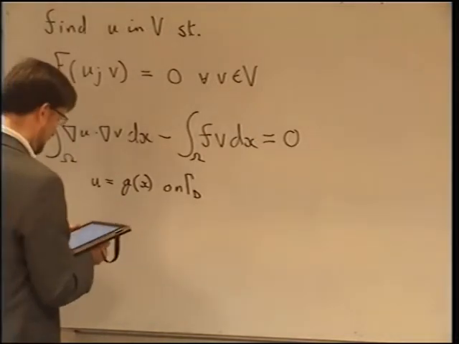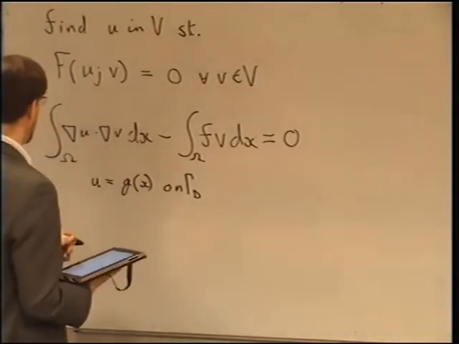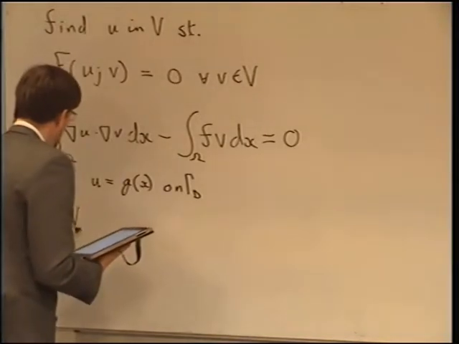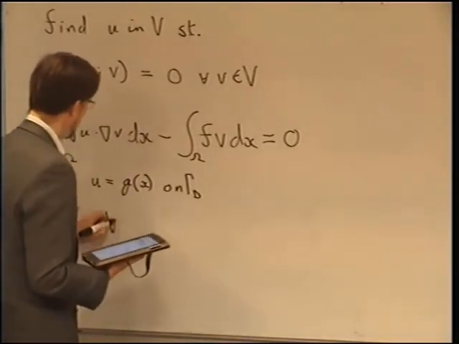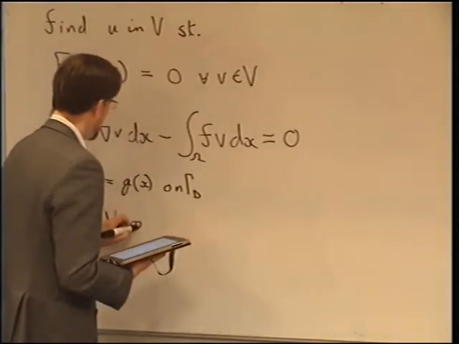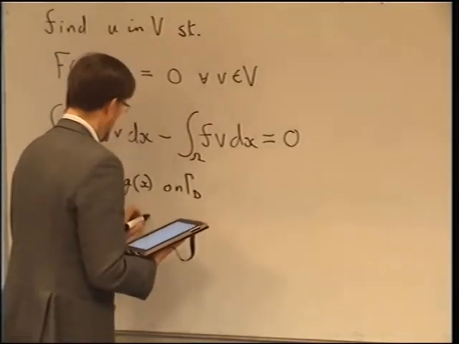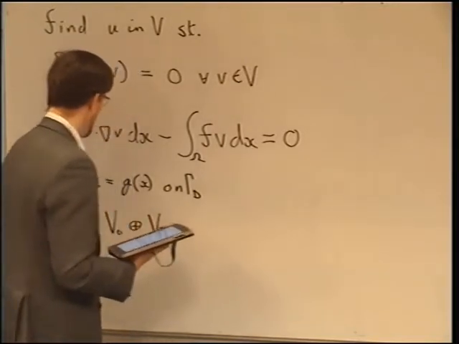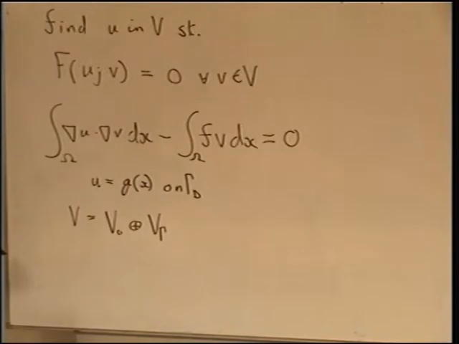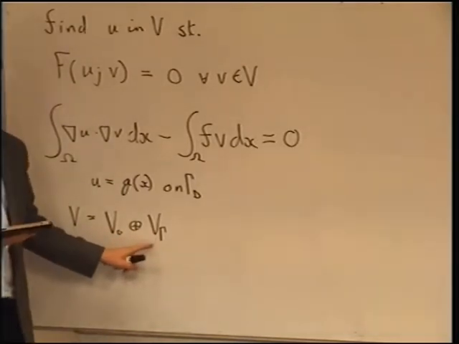So what that means is we're going to write that V is V0 direct sum V gamma. Right, so what does that mean? It means that any function v in V is exactly the sum of a function in V0, which will be the whole rest of the domain where we're looking for a solution, plus a function which meets the boundary conditions on the boundary.